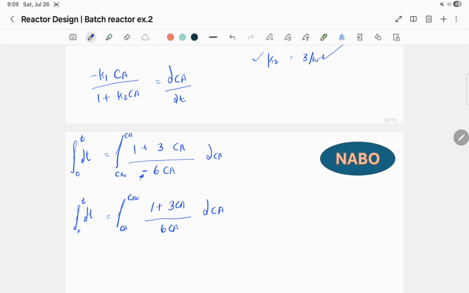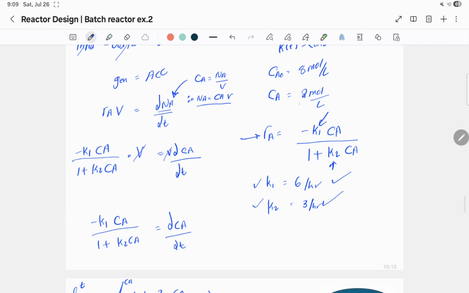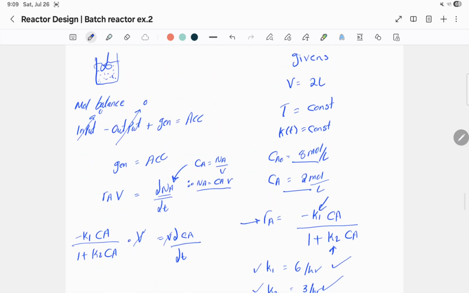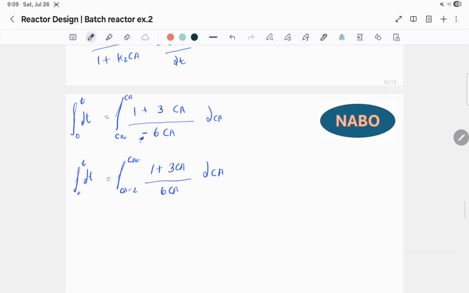Ca is 2 moles per liter, so the limits here will be 2 and the initial concentration is 8 moles per liter.